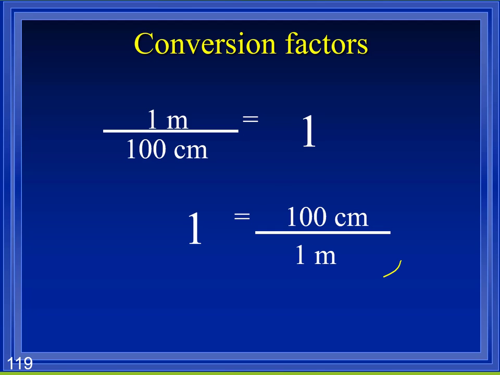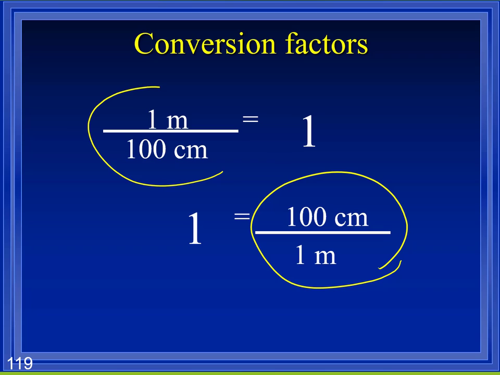And this is the second conversion factor. So every time I start off with an equivalent statement, I can make 2 conversion factors: one with 1 on top, one with that same thing on the bottom. That's all there is to it.